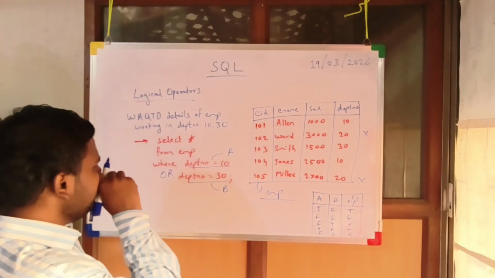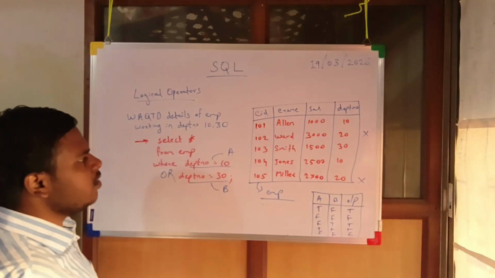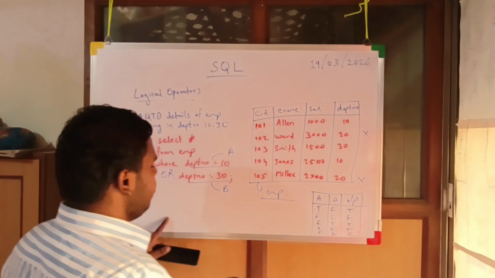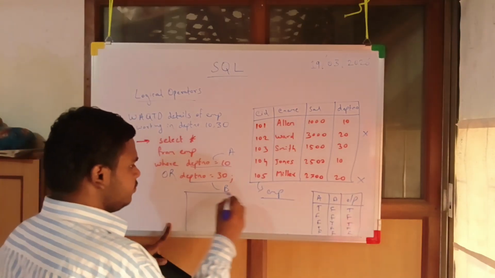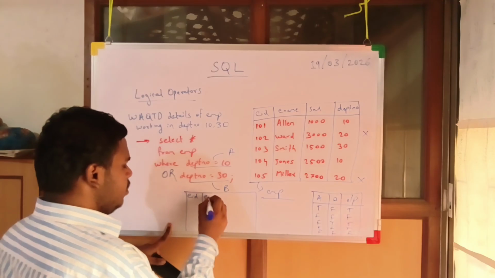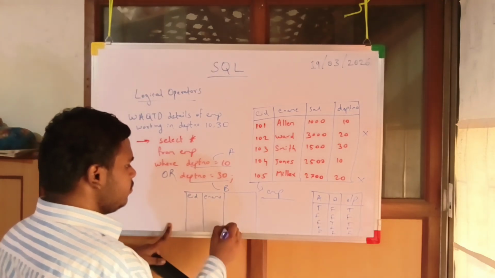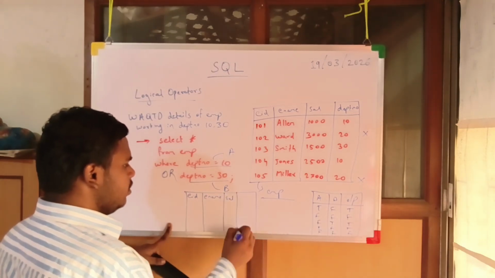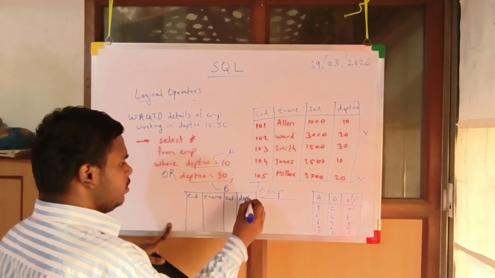And I said I want the details, so the entire row will get displayed. So our output will look like this: EID, E-name, salary, department number.